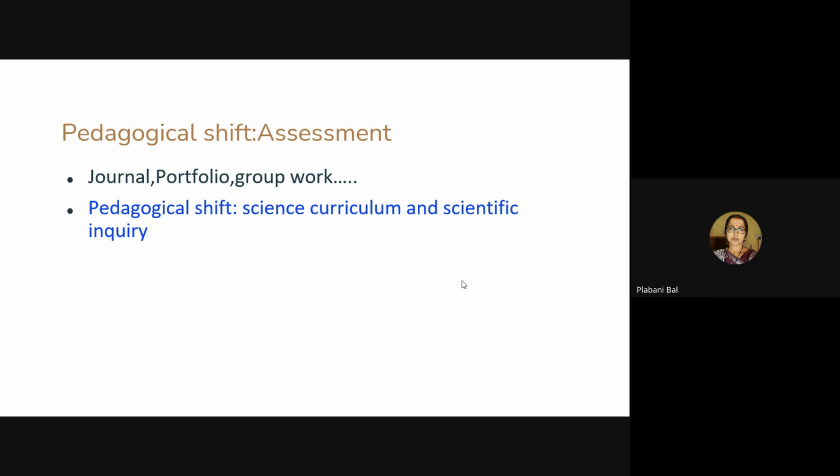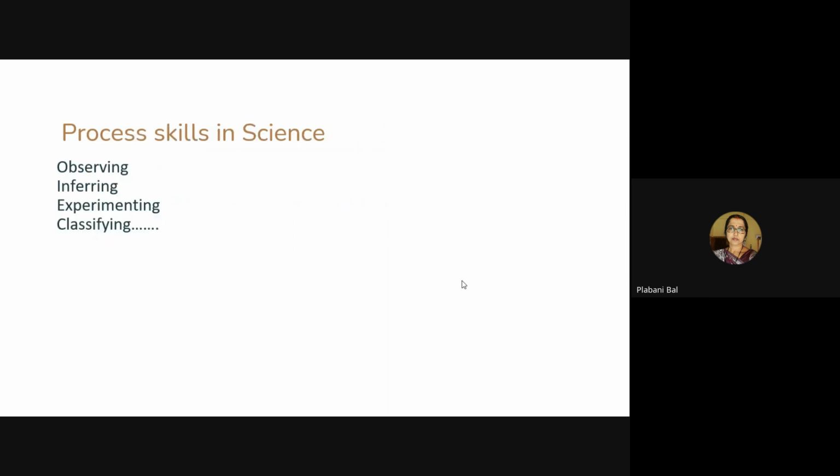Okay, next we will proceed to the observation skill, a process skill in science.